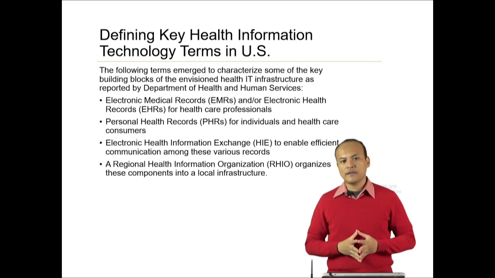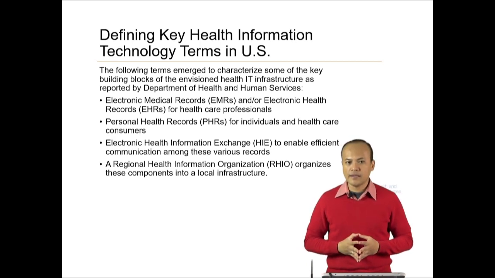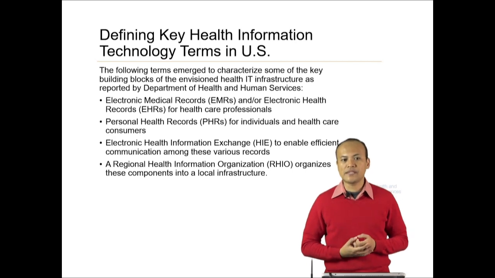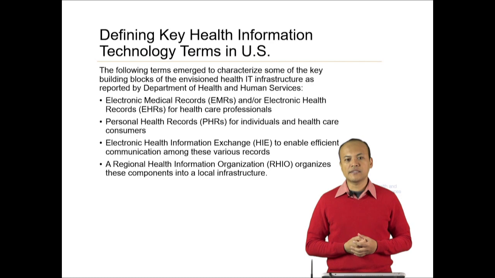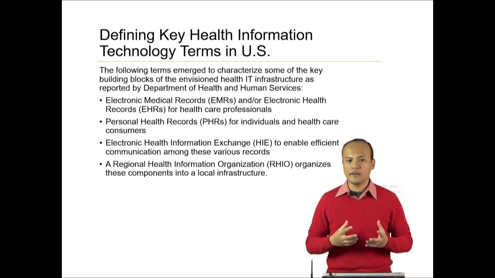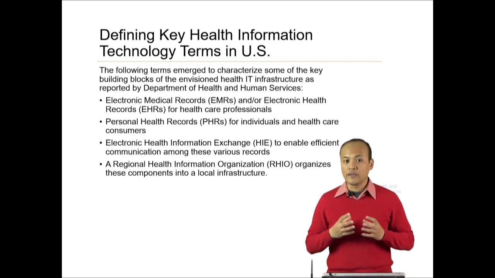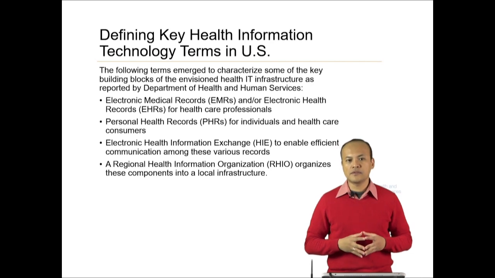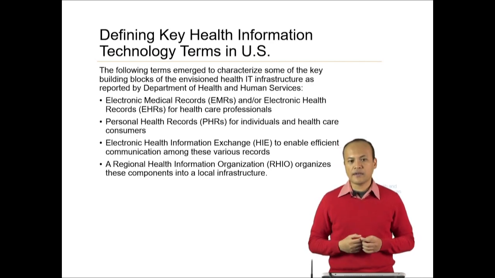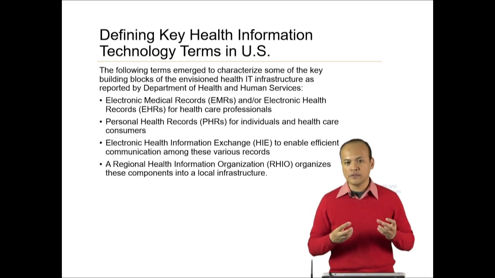These are some of the terms that we use in health information exchange organizations. Electronic medical records, or EMRs, are the building blocks that we use to build the health information exchange organizations. Personal health records are the building blocks that we use to build that for individuals.